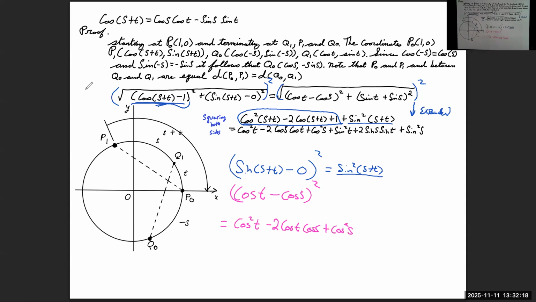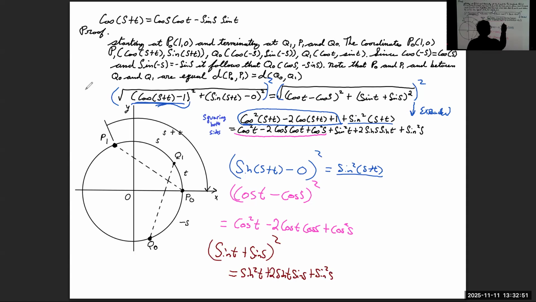So we see that's there. And then lastly, we have sine t plus sine s, so sine t plus sine s squared, very similar, except there's a plus sign. So we have sine squared t plus 2 sine t times sine s plus sine squared s. We see that it's right there.